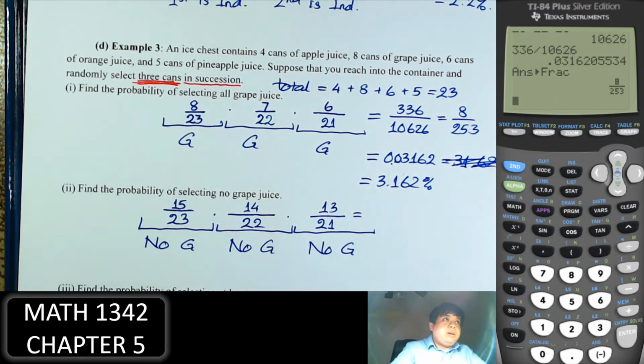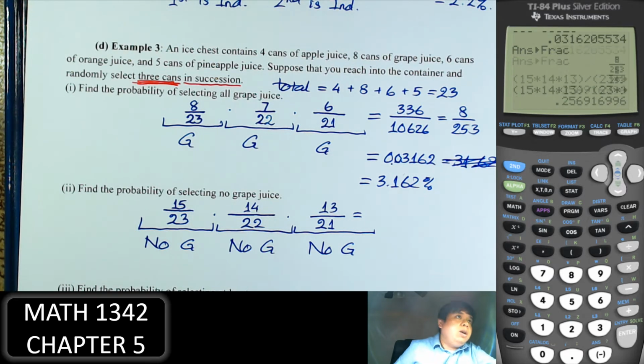So just do this. So we say the top is 15 times 14 times 13 and then divide it by 23 times 22 times 21, and we have that.